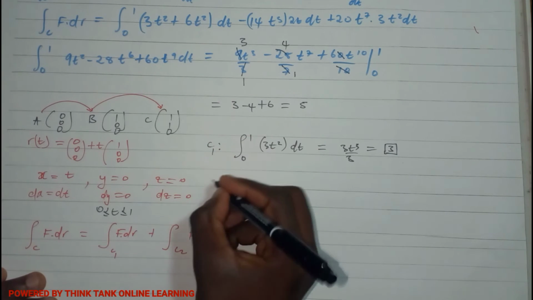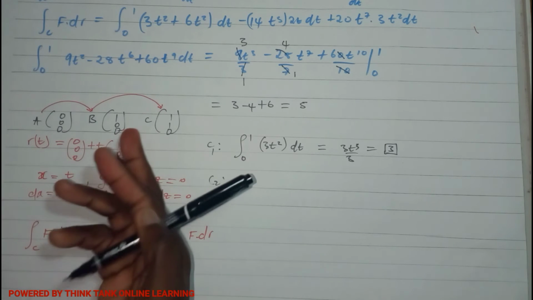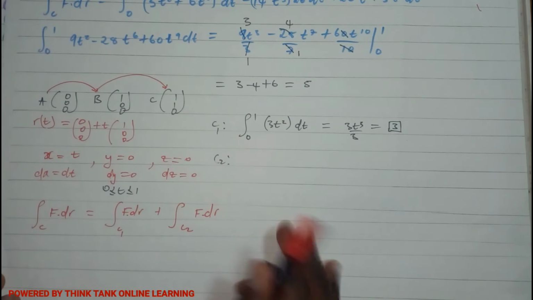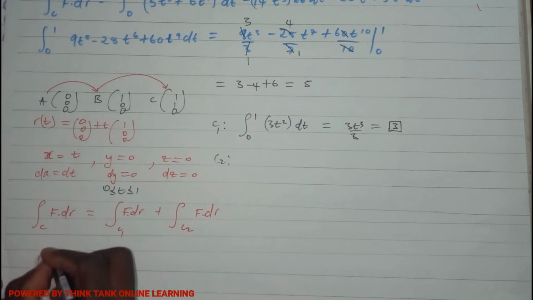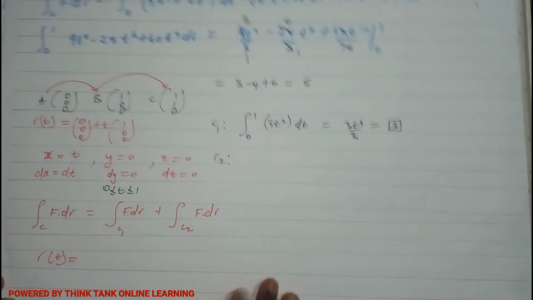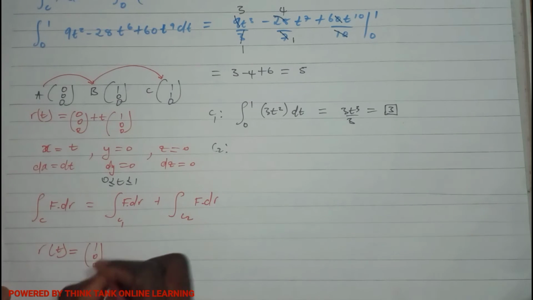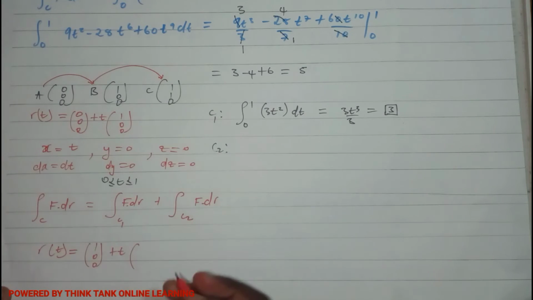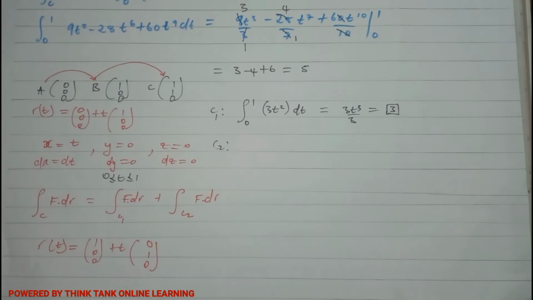Now going to C2. For C2, our parametric equations are the initial point, which is (1, 0, 0), plus t times (C minus A). So for x, 1 minus 1 is 0, for y 1 minus 0 is 1, for z 0.